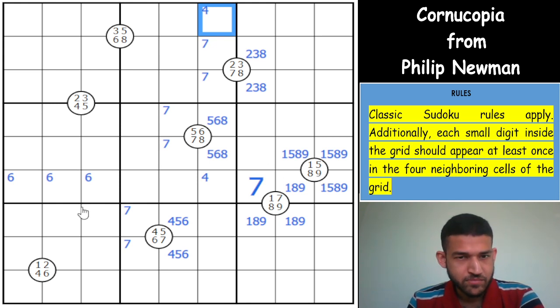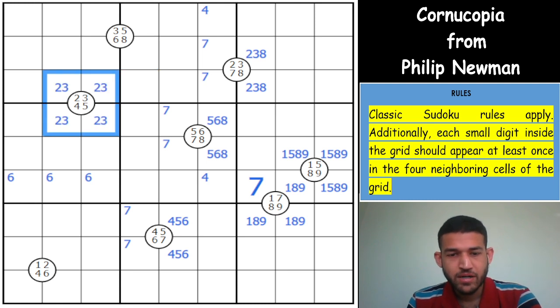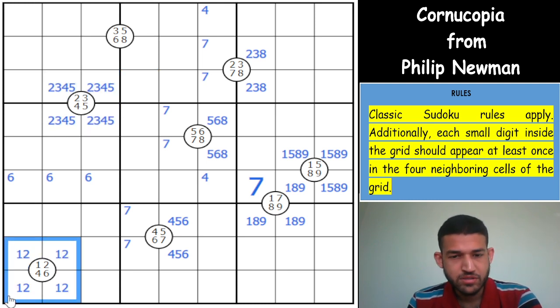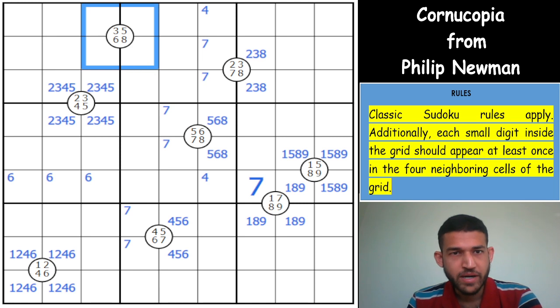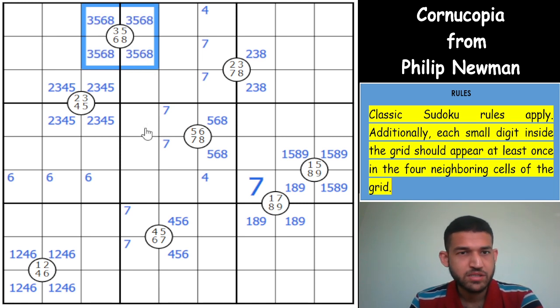Okay, I have 2, 3, 4, 5 here. I have a 3, 5, 6, 8 here. So I think I should be writing these digits inside because I would have a better idea seeing the digits visually.